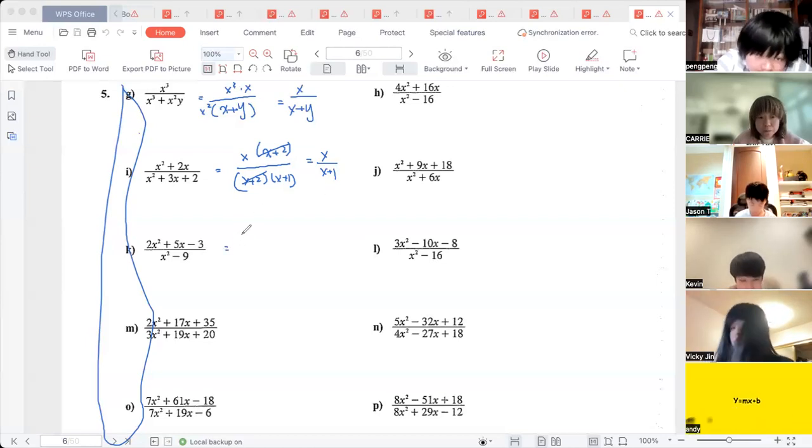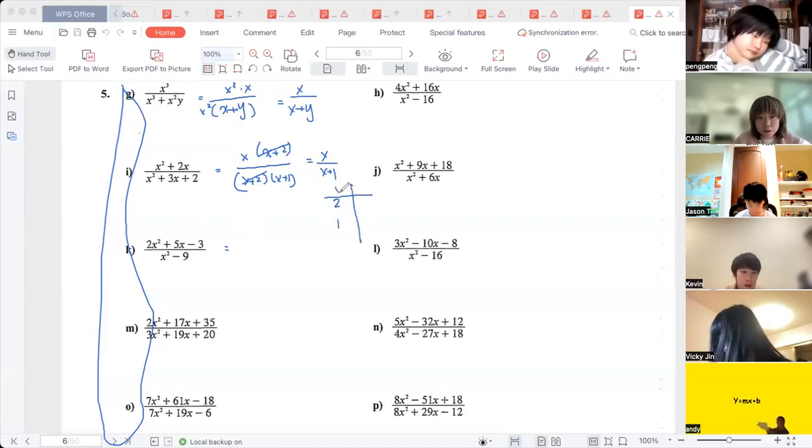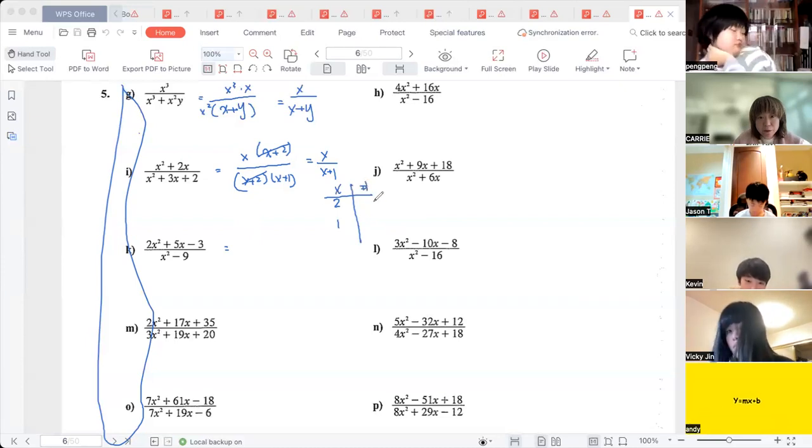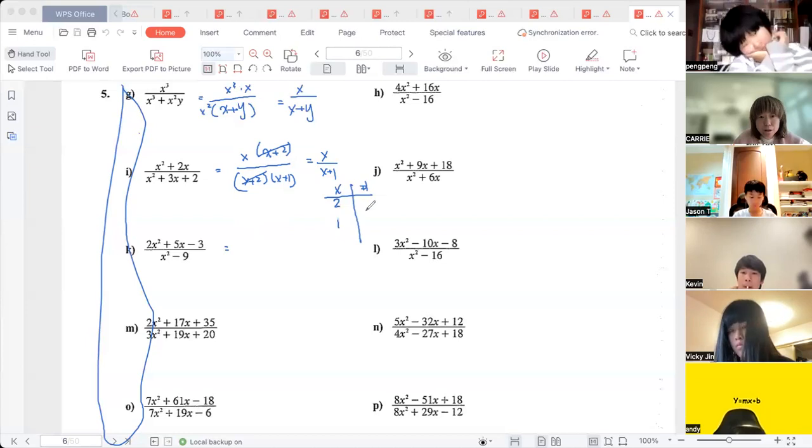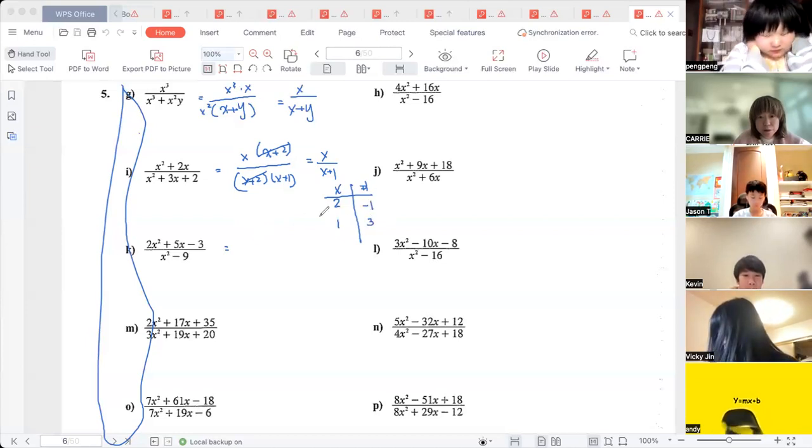Okay, next one. This one's a little bit hard. So we have 2 and 1. So that's the x part. So that's the number part. So it's positive 3 and negative 1. Because negative 1 times 3 equals negative 3. And 2 times 3 equals 6.